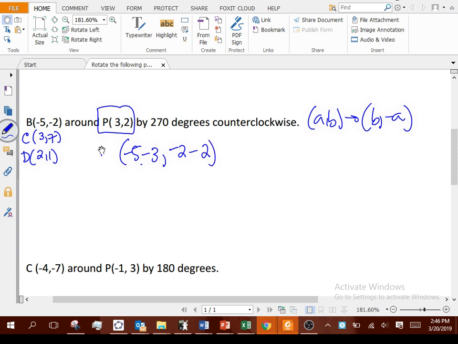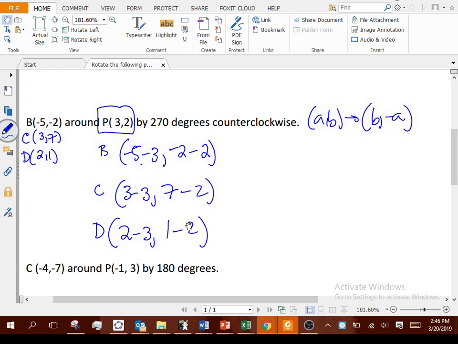So this is working with B. If I'm working with C, isn't it 3 minus the center of rotation, 7 minus the center of rotation? Do you see how the center of rotation stuff is the same? And then D would be 2 minus the center of rotation, comma, 1 minus my center of rotation. Do you see how you can do that kind of all systematically?